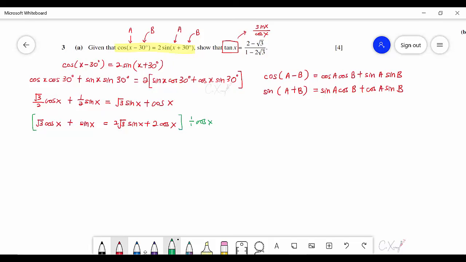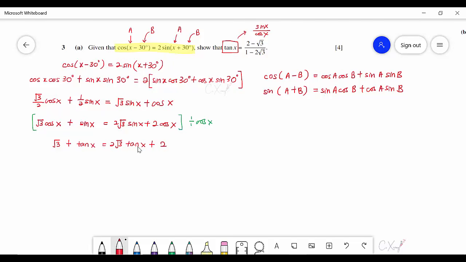It depends on which one you prefer. So when you divide the cos x for the whole equation, then you have square root 3 plus tangent x equals to 2 square root 3 tangent x plus 2. Because from here, you should know that sine x divided by cos x, you will get a tangent x.